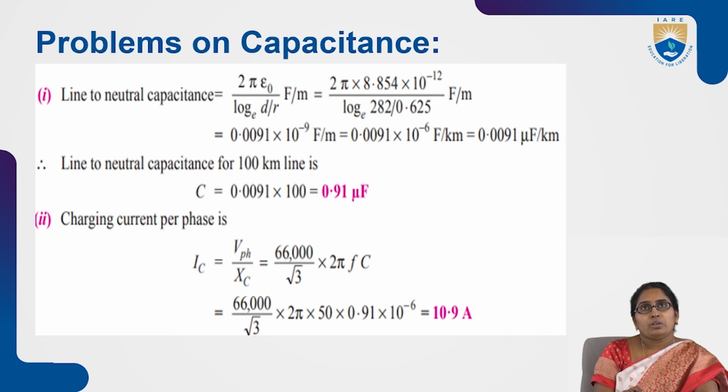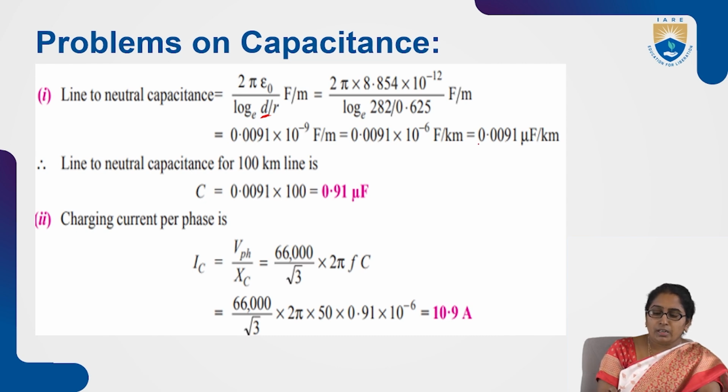D is calculated, and r is also substituted. Since r is in centimeters, D is taken as 282 by 0.625. The epsilon naught value is substituted, and finally this will be the answer per kilometer: 0.0091 microfarads per kilometer.